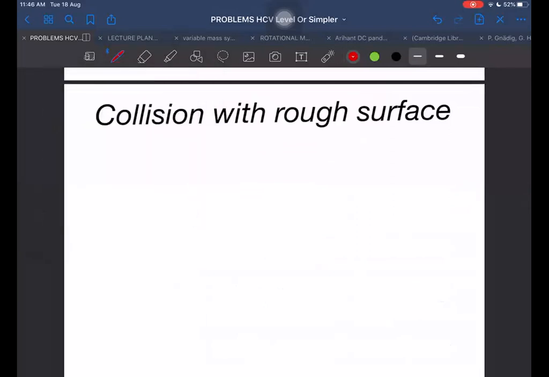Let me discuss this part. I discussed it last week somewhat while discussing the impulses, but again I will repeat.